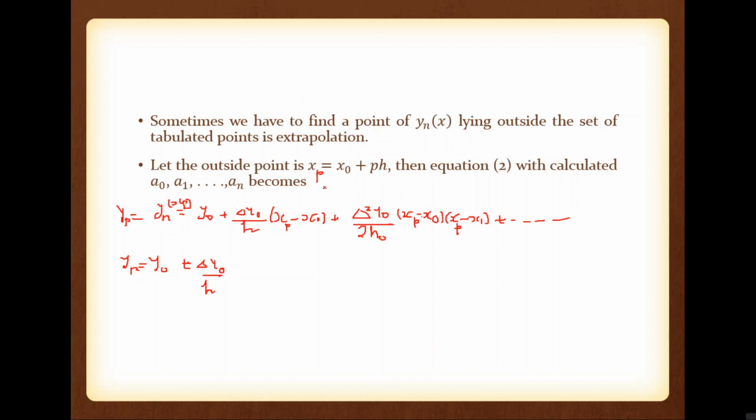So what is xp minus x0? ph. xp minus x0 is ph, plus delta square y0 divided by 2h square, here a square term is also there, 2h square, into xp minus x0, which is ph, into what is xp minus x1? Any idea?